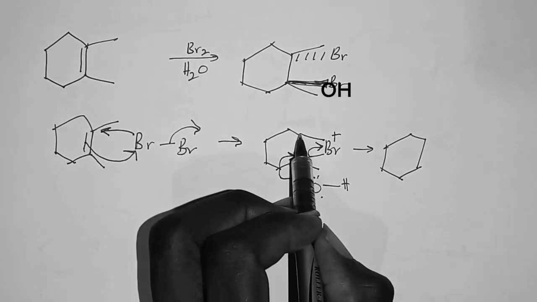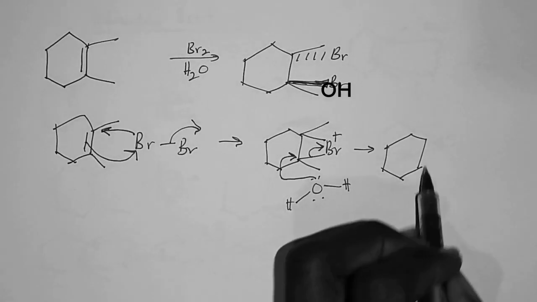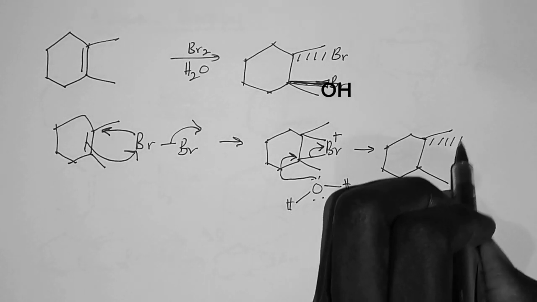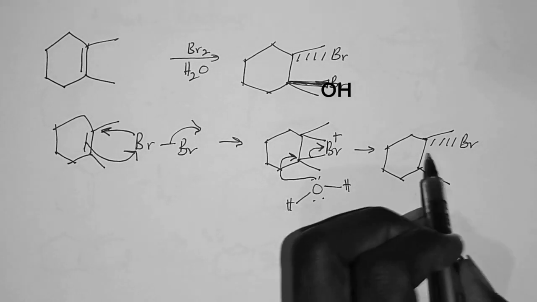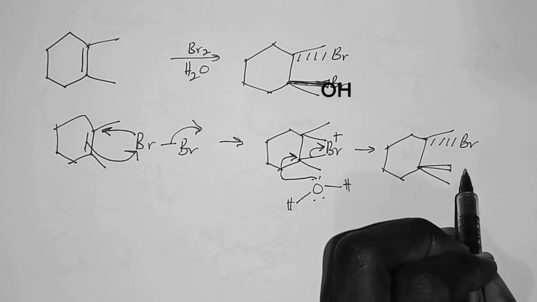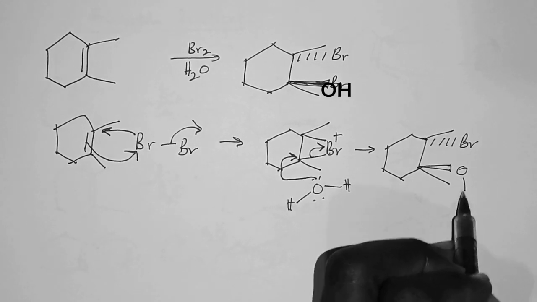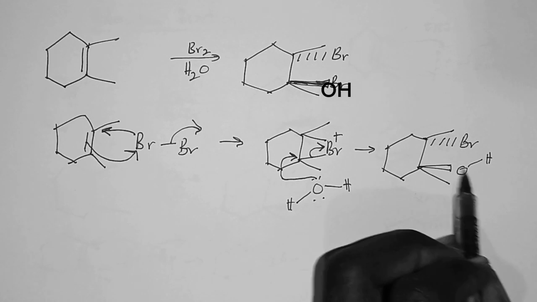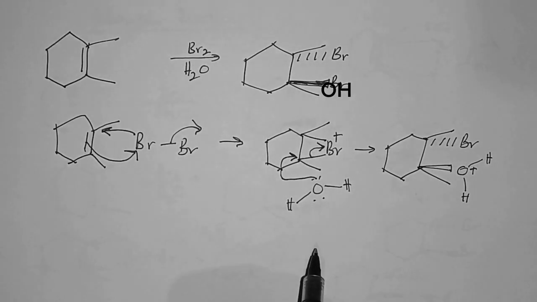Sorry, but I didn't draw this part of the molecule. So there is a Br here. And then we also have the water here. Now you know that when oxygen forms 3 bonds, it will have a plus.